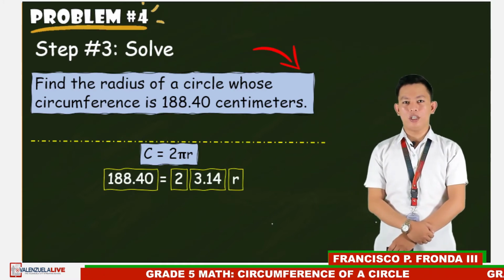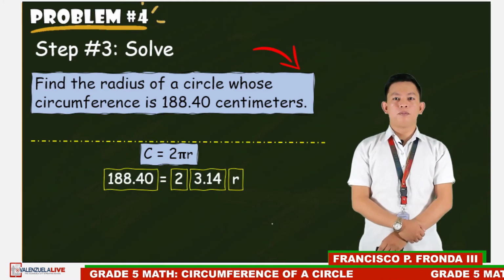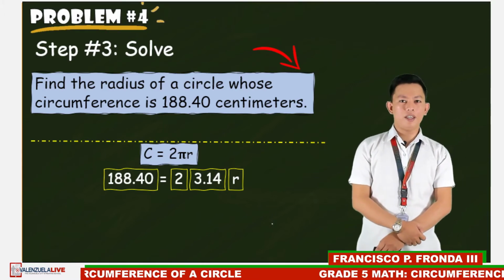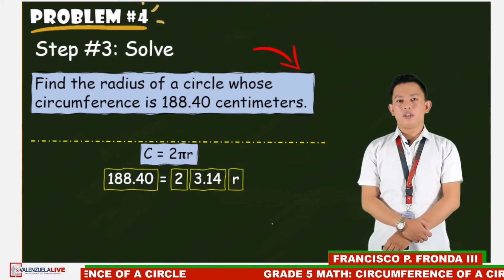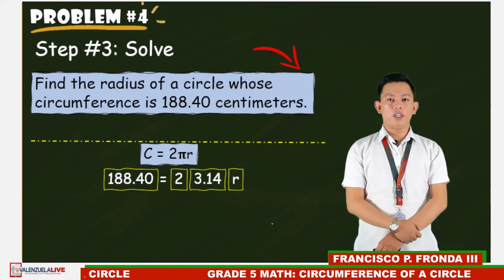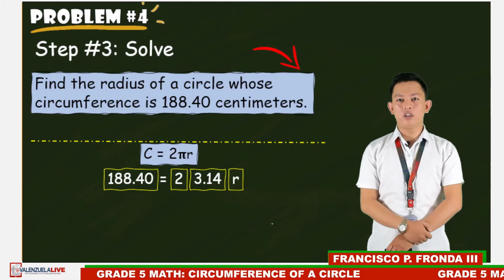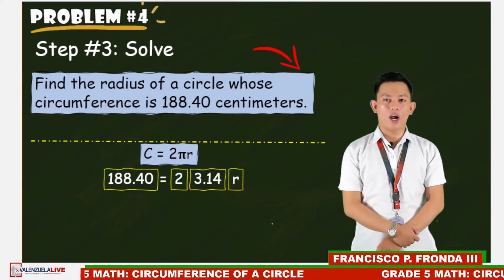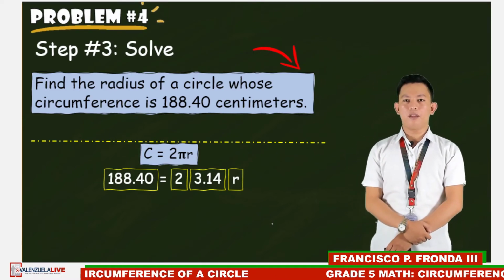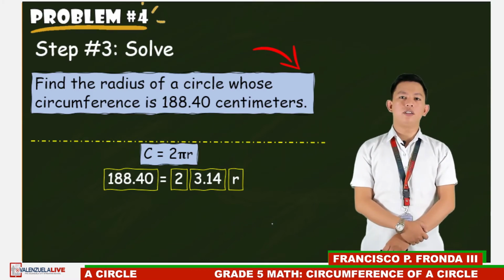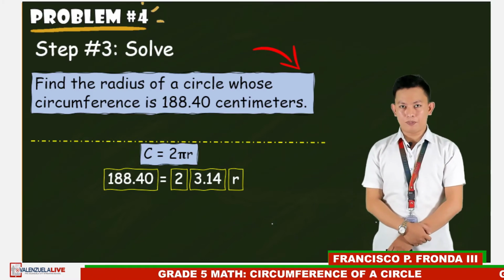Let's substitute the value of the circumference, the value of pi, and also we need to find the value of the radius. Now, the value of the circumference is 188 and 40 hundredths. We have the value of 2, and the value of pi is 3.14.